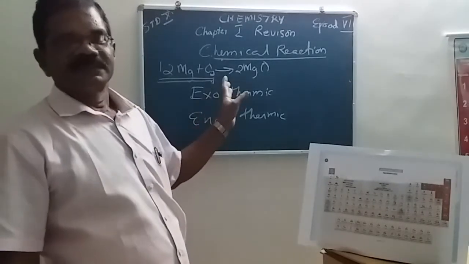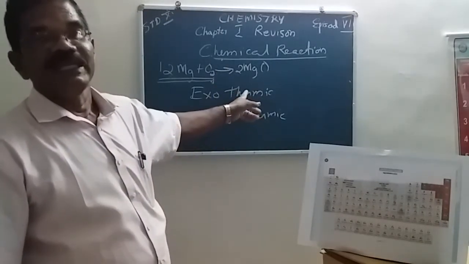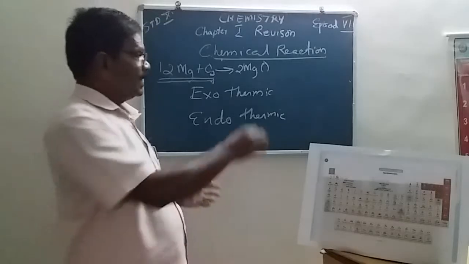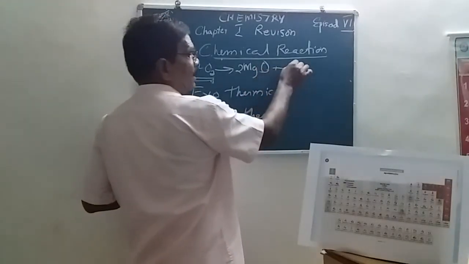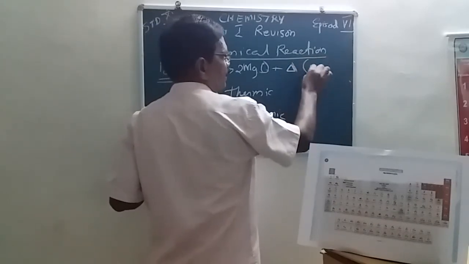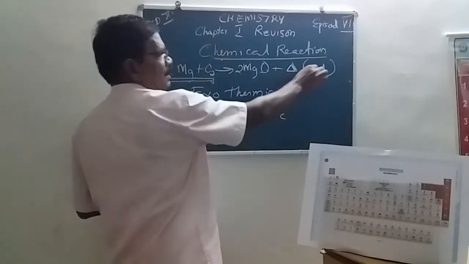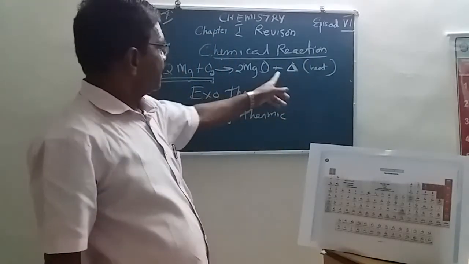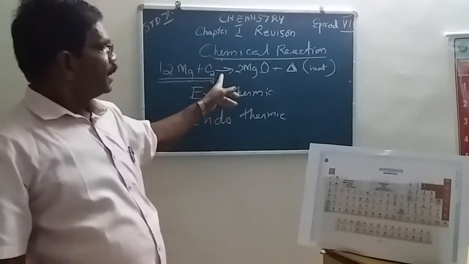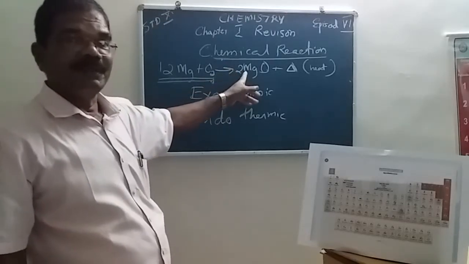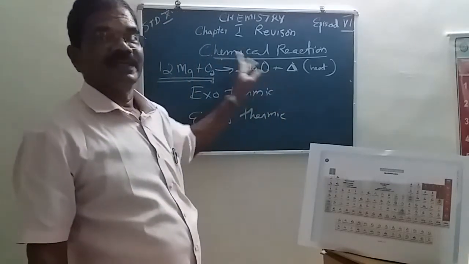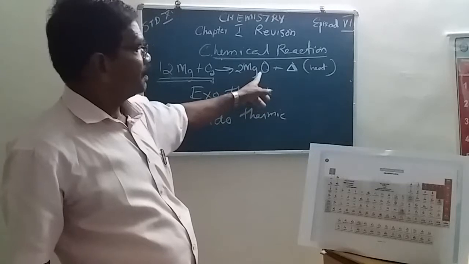What are exothermic reactions? Exothermic reactions are those in which heat energy is liberated. The heat energy liberated can be noted by a symbol like this. This symbol denotes heat energy. In this activity, magnesium burns in air with a dazzling flame to form magnesium oxide.